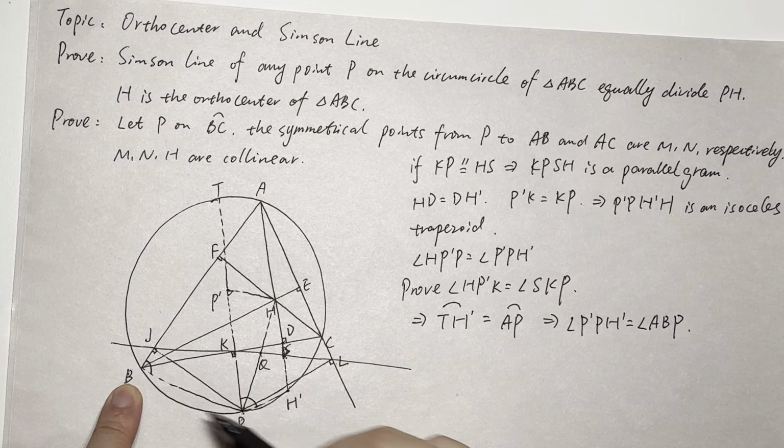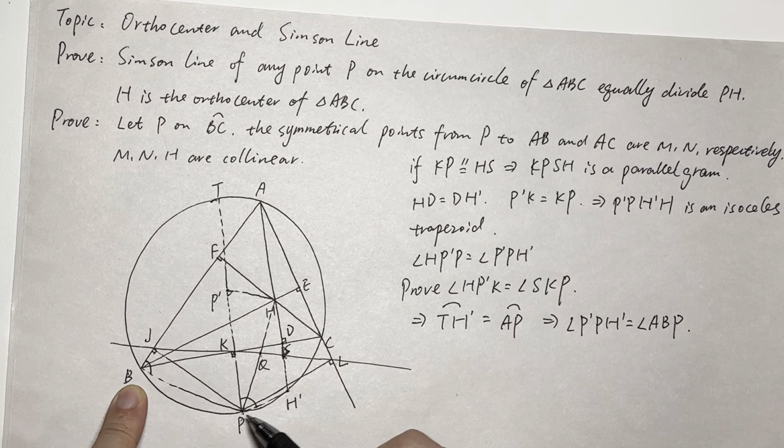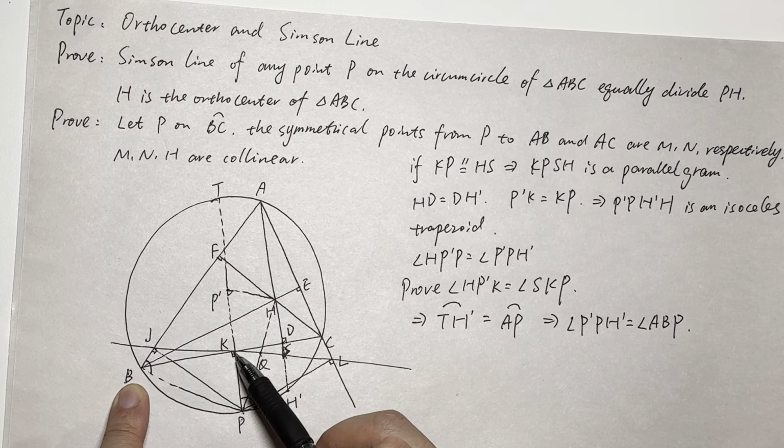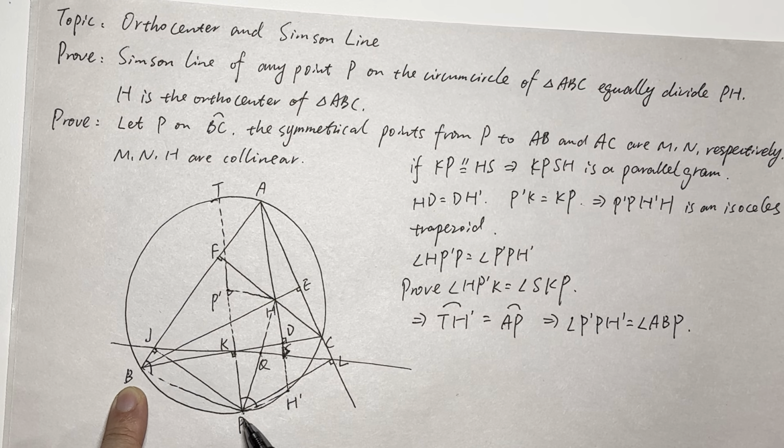The angle ABP. And because PK is perpendicular with BK, that makes angle BKP 90 degrees. And we know that PJ is perpendicular with AB, making angle PJB 90 degrees. So JBPK are cyclic.